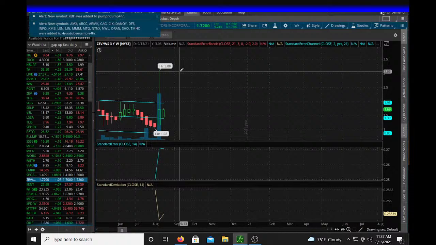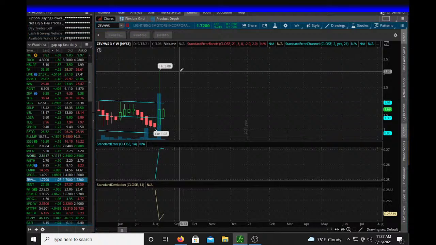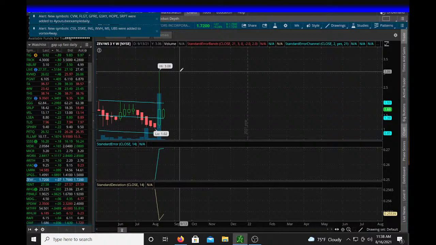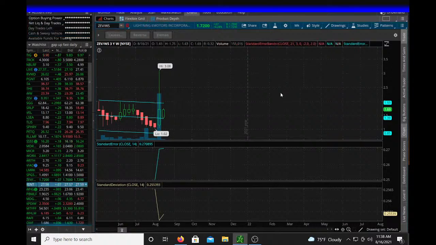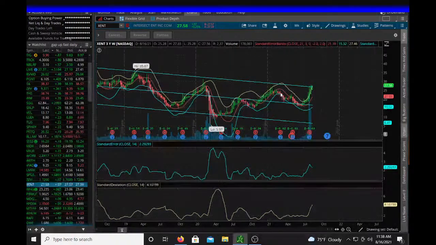So it looks like a warrant is kind of like a first step into options, maybe. Let's not compare them that closely, but we'll have to go on and see what the ZEV warrants are actually worth.